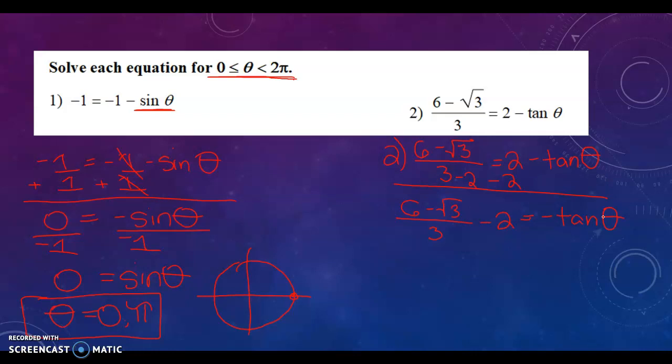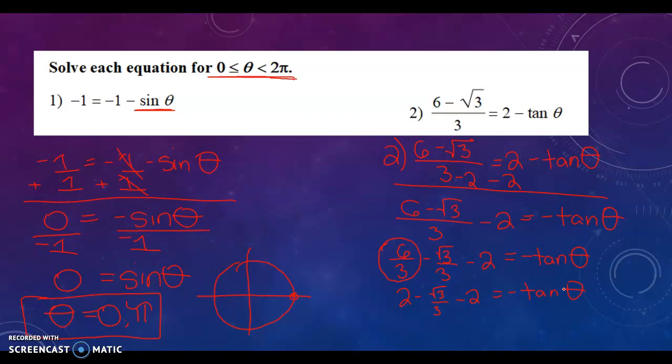I do want to simplify this 6 minus the square root of 3 over 3. We can split this fraction up. We can think of it as 6 over 3 minus the square root of 3 over 3, and then we still have that minus 2 equals negative tangent of theta. You'll notice that by splitting up that fraction, it makes it a little bit easier for us to see how we can simplify it. We can take 6 and divide it by 3, and we end up with 2 minus the square root of 3 over 3, minus 2, equals negative tangent of theta.